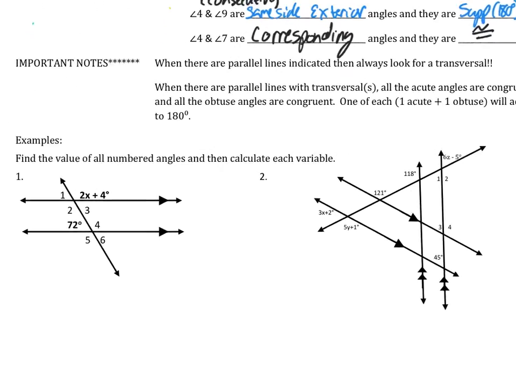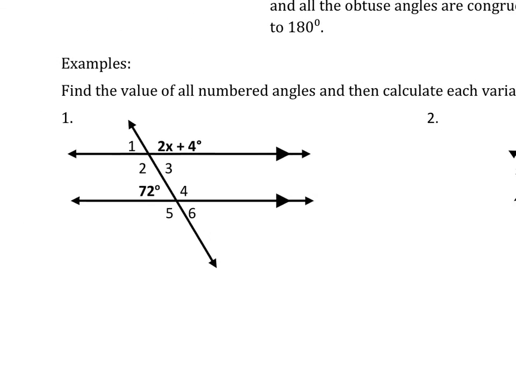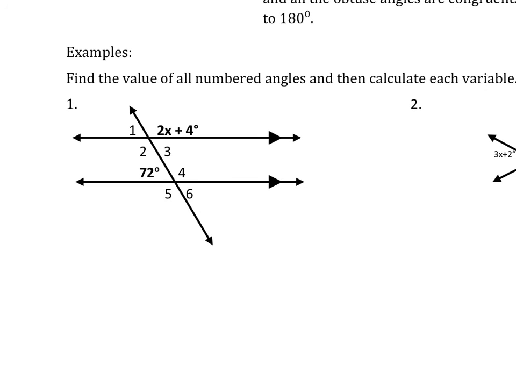Okay, so when we're solving a problem, the main thing to find is the two angles that you're trying to use to identify either a variable or a measurement. So this asks us to find the value of all numbered angles, and we're just going to list it on the figure. But first I'm going to note that we're starting with these two angles here. And I'm going to look at them and try to decide what is their relationship.